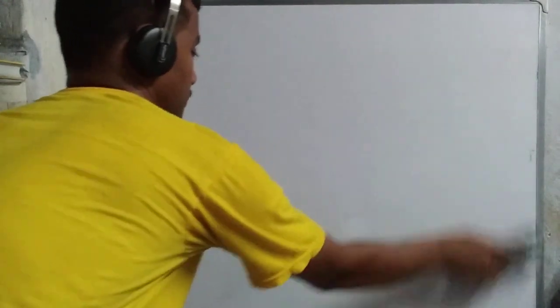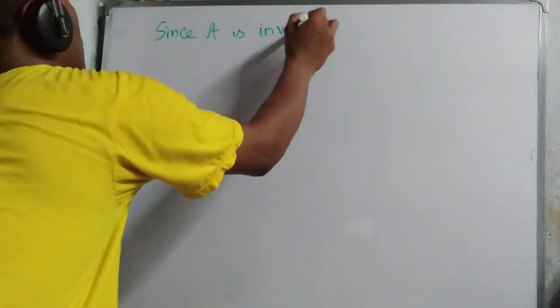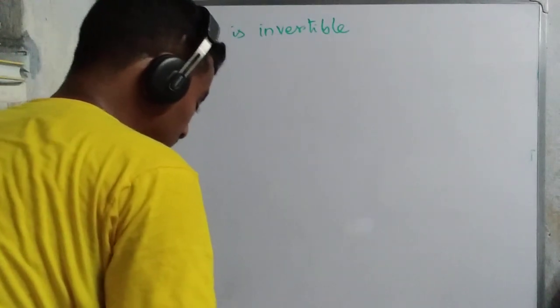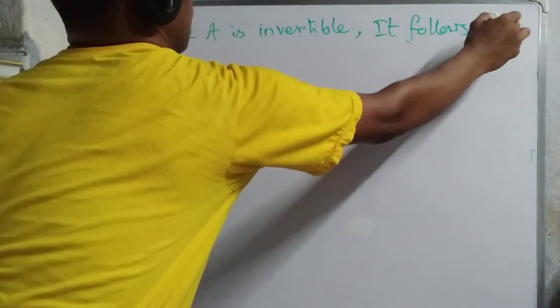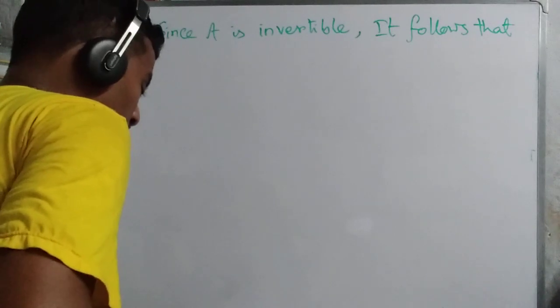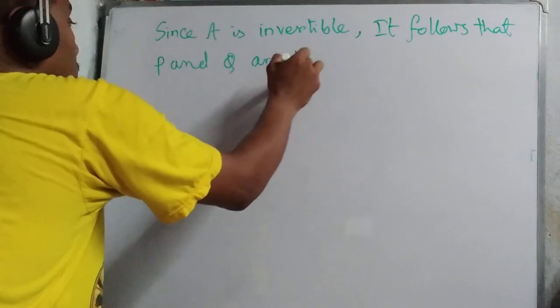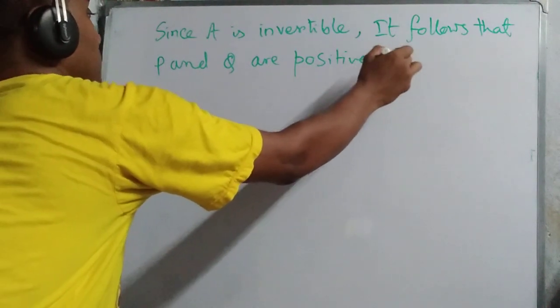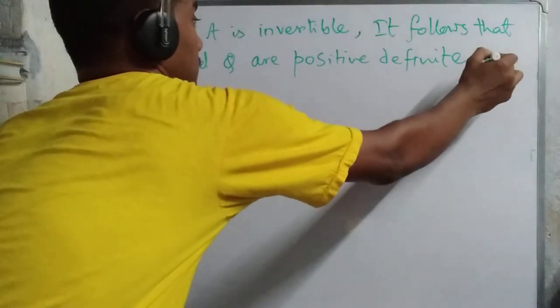Since A is invertible, it follows that P and Q are positive definite and invertible.